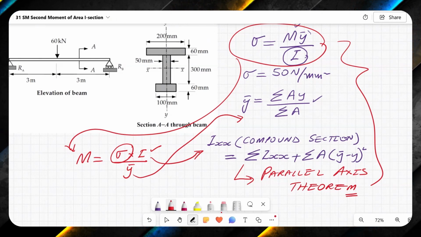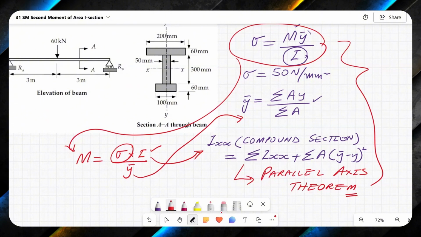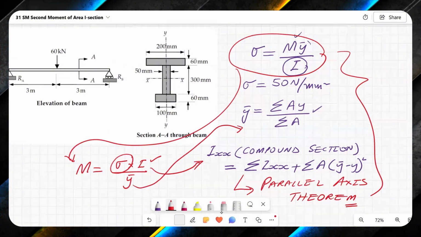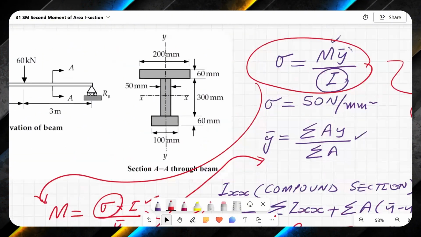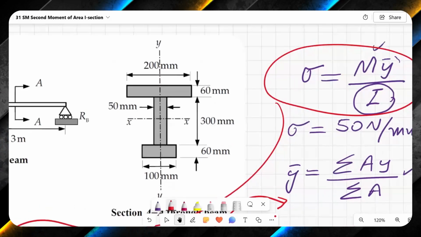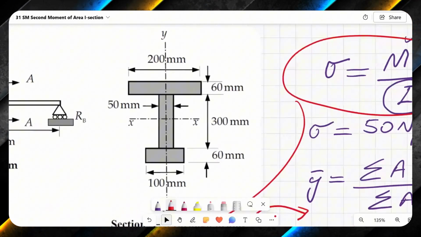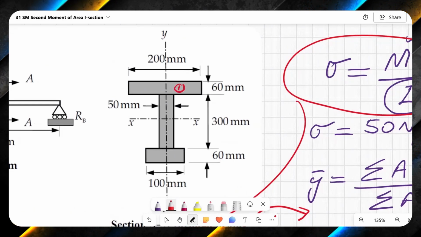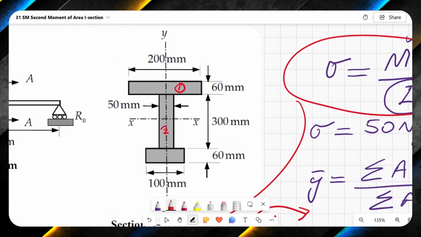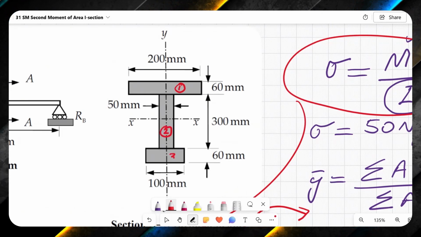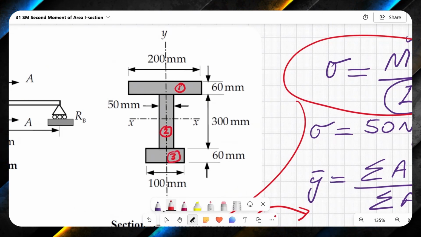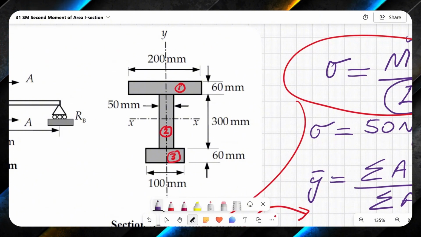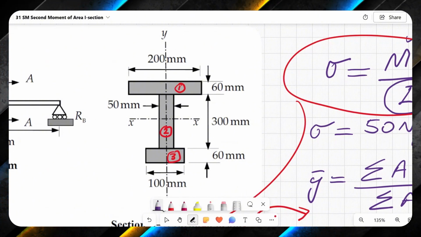But for this, I have to divide this section into a number of different areas. So let us see how I can divide this section. So here I can say that this is the first one, and this is the second section, and this is the third section. In this way, I'm able to divide it into three parts.